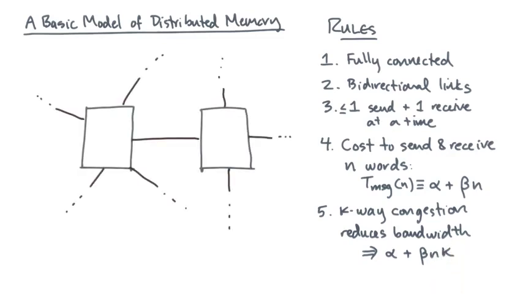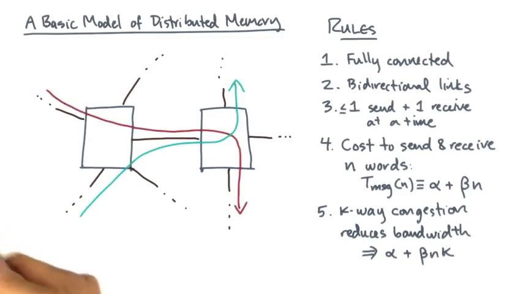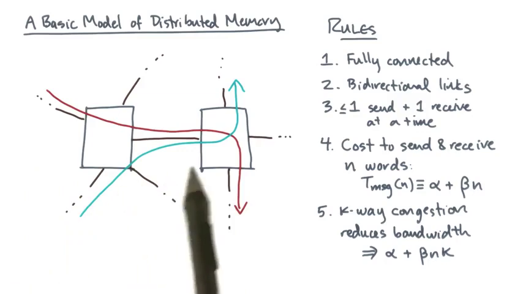For instance, let's consider this link that connects these two nodes. The last rule governs what happens if two messages try to go over the same link simultaneously. So suppose there's a red message going this way and a blue message going this way. The last rule says that the effective cost of this operation is the same as if the data transmission part, which is the beta term, was serialized over the link.